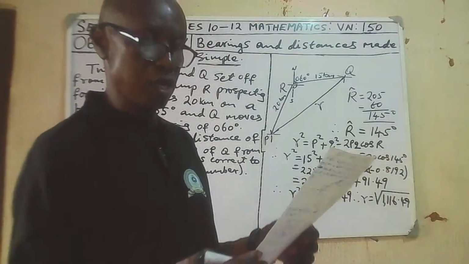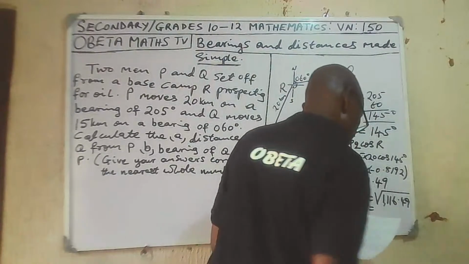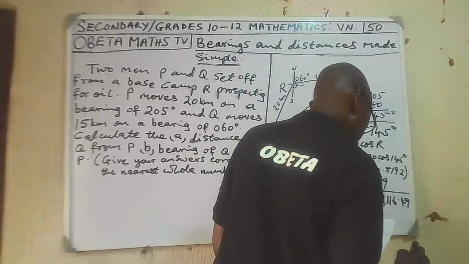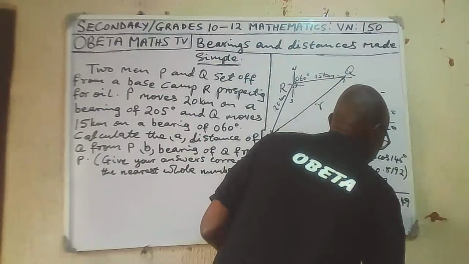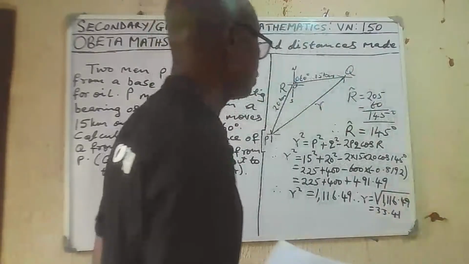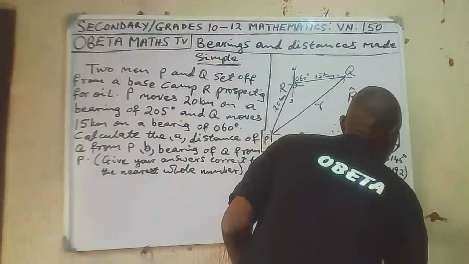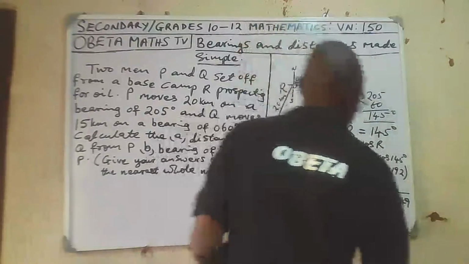If you find the square root, that will give us 33.41. But to the nearest whole number, that would be 33 kilometers.